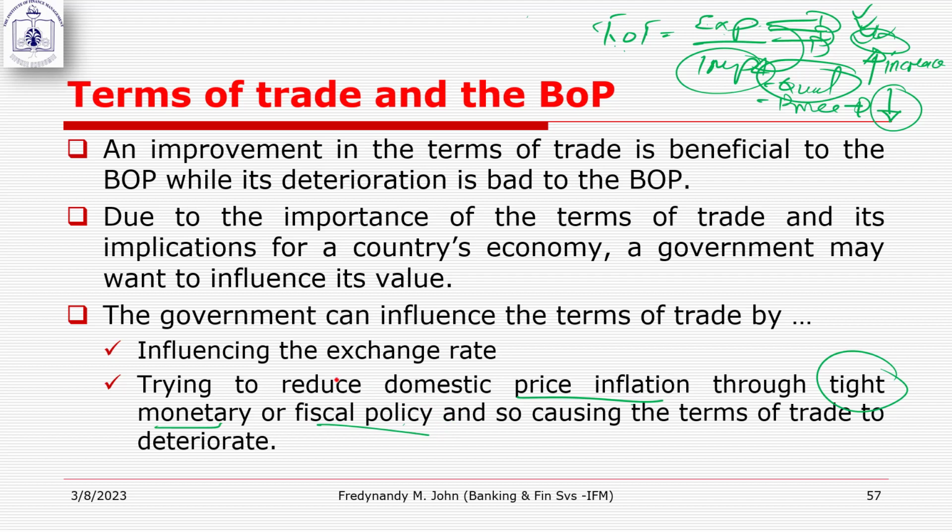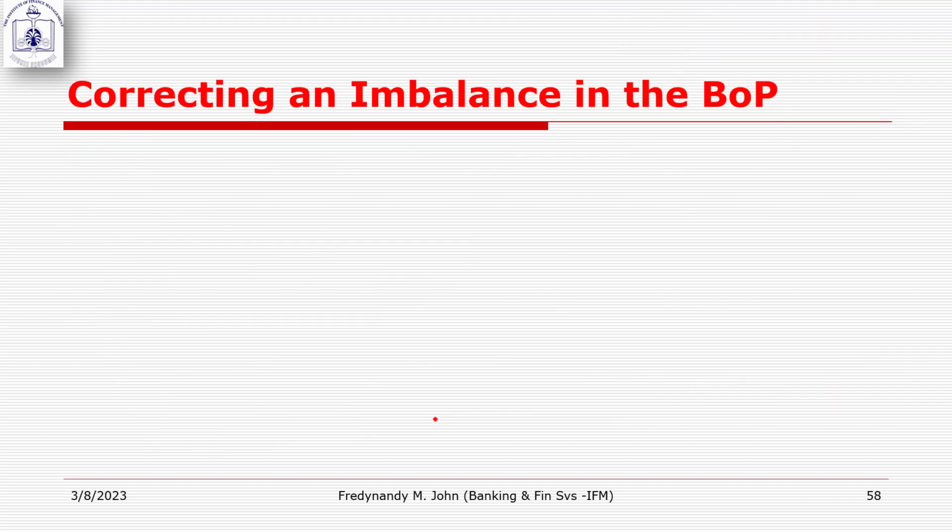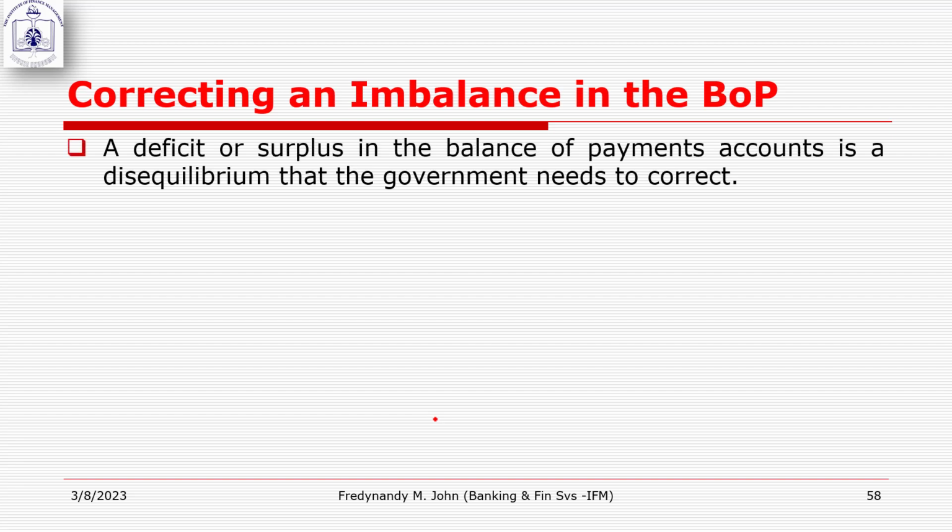By executing the contractionary monetary or fiscal policy, there will be scarcity of funds or money in circulation. Prices will improve. And by removing inflation, your country can become attractive even to some investors.